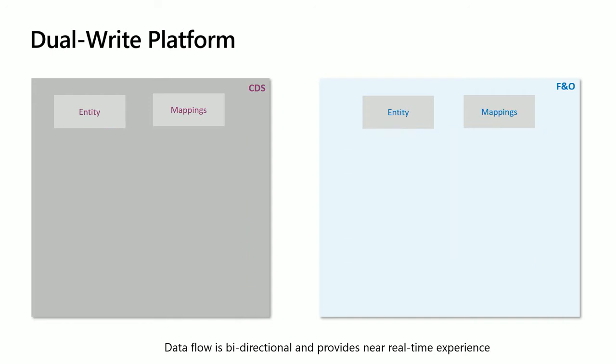Now, there could be some corner cases where you may ask, what if one system goes down, or some industries like retail stores may choose to operate in an offline mode because of some business reasons. If that is the case, the platform has been enabled to fall back to the asynchronous mode.